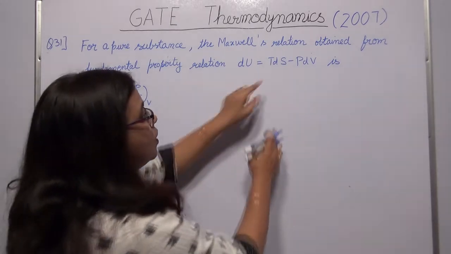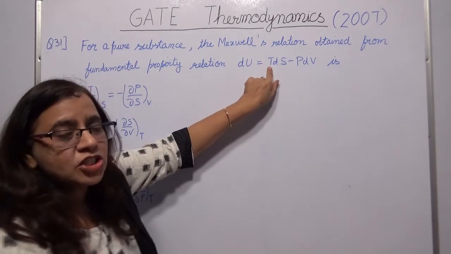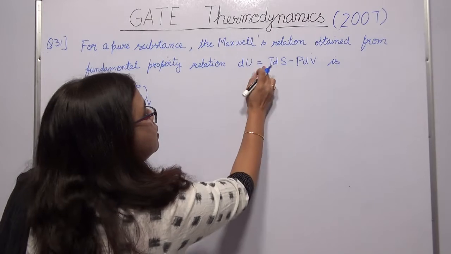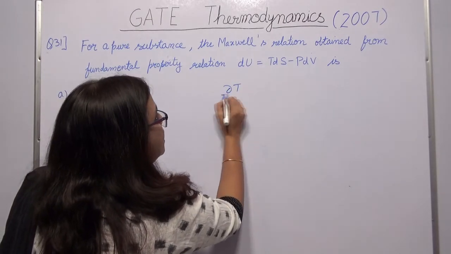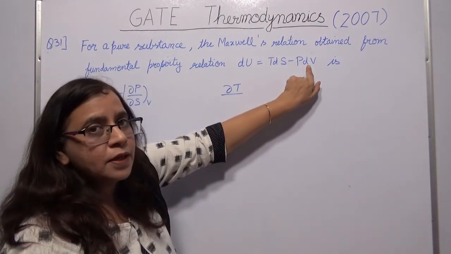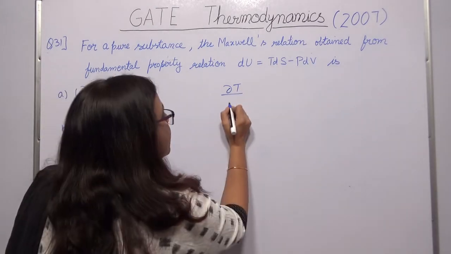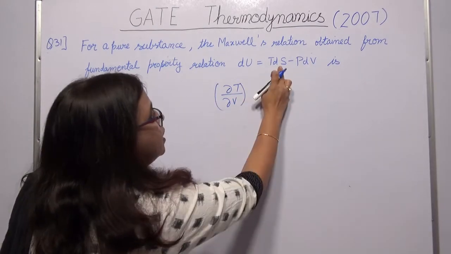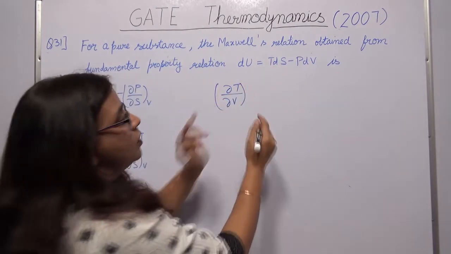So what I will do is take the partial derivative of this coefficient, del T with respect to del V, and I will keep this S constant.